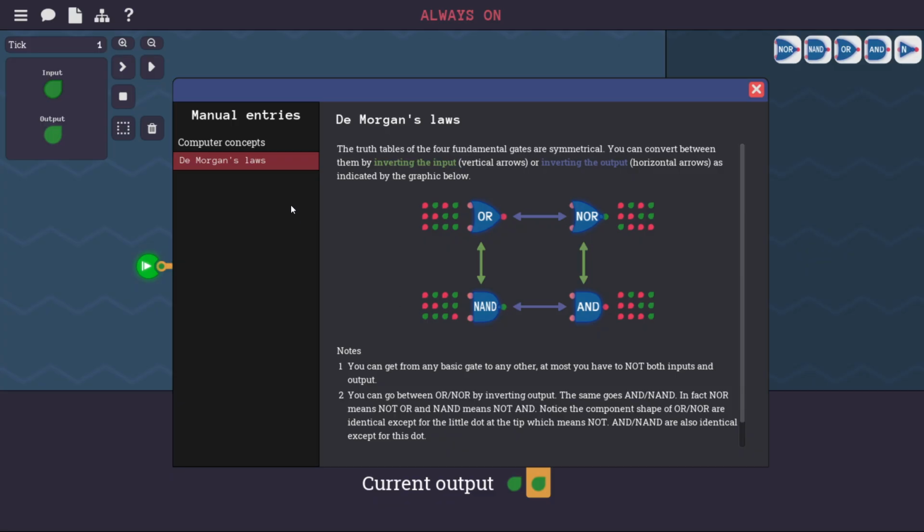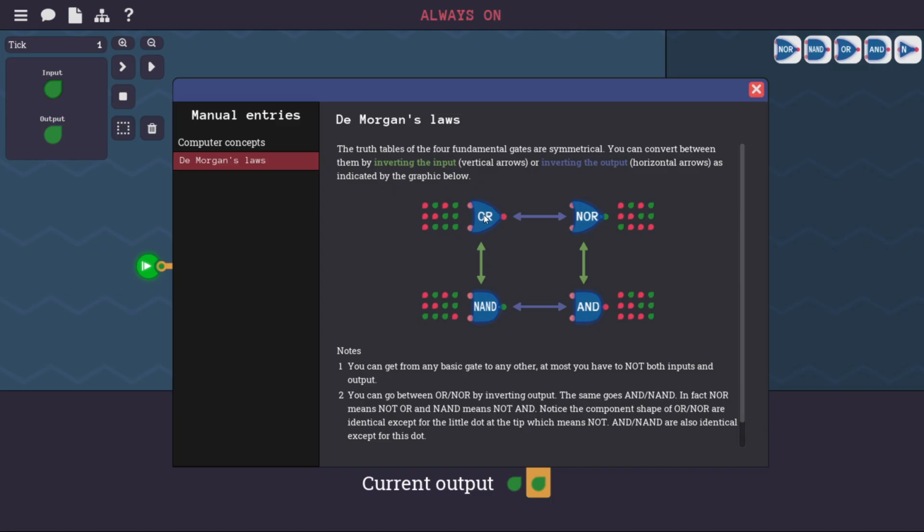There's De Morgan's law. The truth tables of the fundamental gates are symmetric. You can convert between them by inverting the inputs, for the vertical arrows.